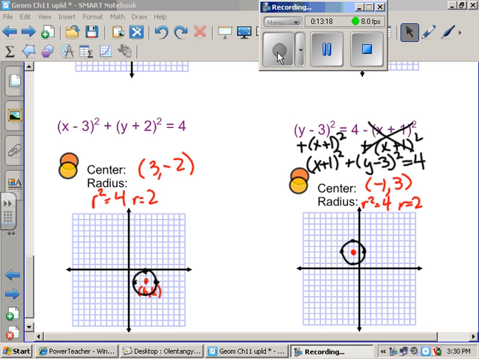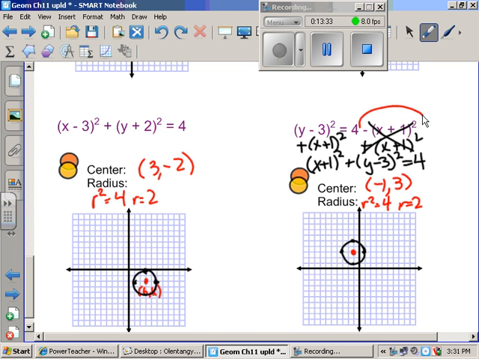Since it was 4 minus (x plus 1) squared, I added (x plus 1) squared to both sides. So I ended up with (x plus 1) squared plus (y minus 3) squared equals 4. I just moved this piece over there so that it's in equation form. From there it was easy to pick out the h, the k, and the r.